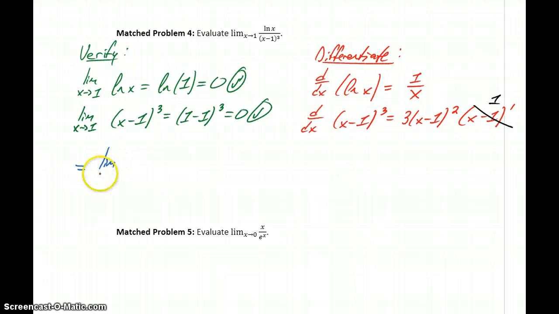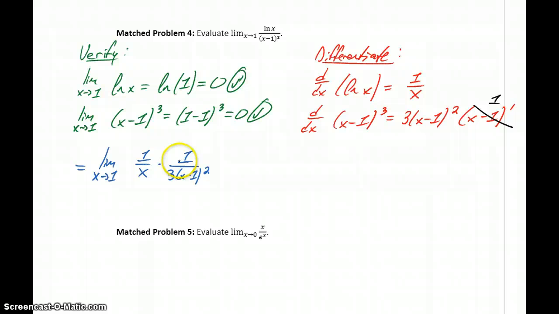which means we can rewrite our limit problem as the limit as x approaches 1 of the numerator, 1 over x, times 1 over what we had in the denominator, 3 times (x minus 1) quantity squared. So again, all I'm doing here is just taking the derivative of the numerator over the derivative of the denominator.